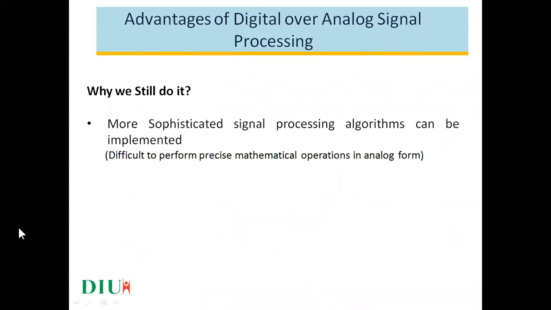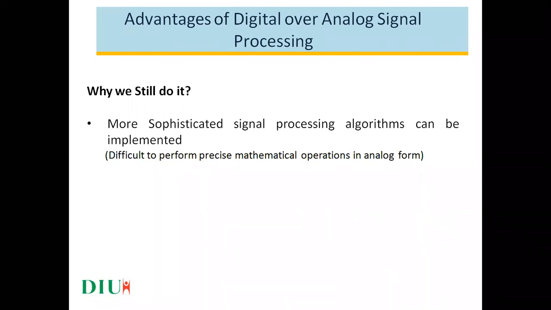And the last point is that more sophisticated signal processing algorithms can be implemented. That is, if you find something difficult in analog form, then simply by digitizing you can make it a precise mathematical operation. This is possible because when you go for programming, there are many functions and syntax already defined.